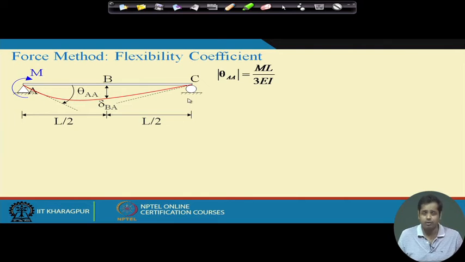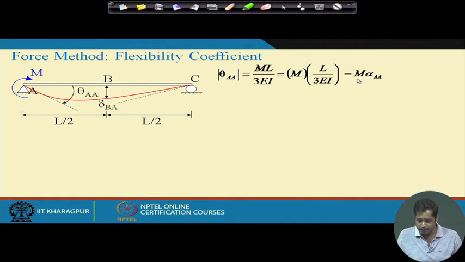You can use the conjugate beam method or any other method to solve it and get the expression for theta A. It is ML by 3EI. And now, if it is ML by 3EI, then again it can be written as M into some coefficient, and this is equal to M into alpha AA, where alpha AA is equal to L by 3EI. So, what is alpha AA?